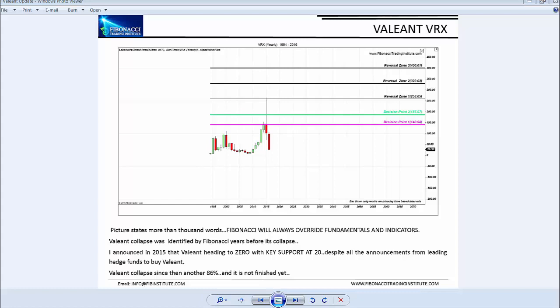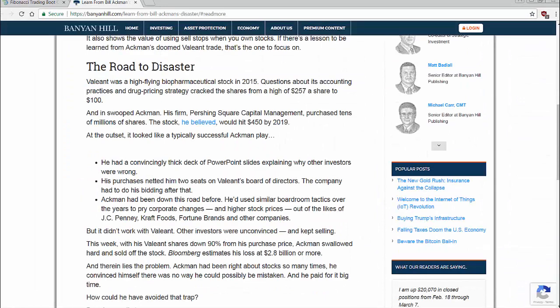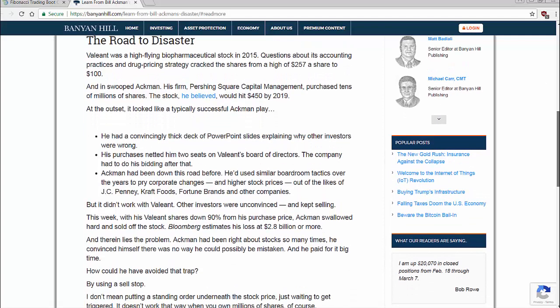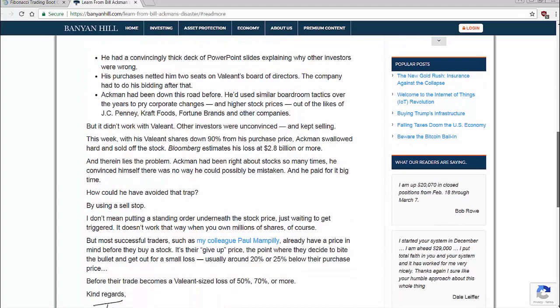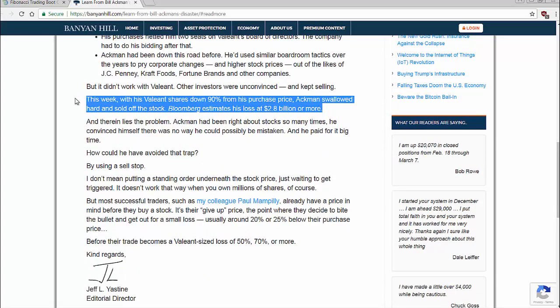So I hope you know this about Valiant, because if you don't, I certainly hope and pray you will remember that if you know Fibonacci, you trade better than top funds in the US, as this is the road to disaster using fundamentals. Ackman is down 90%, more than $4 billion as of now.